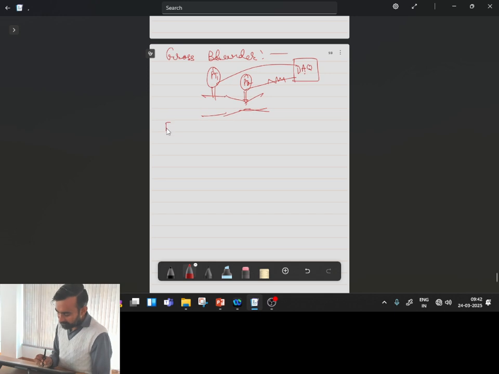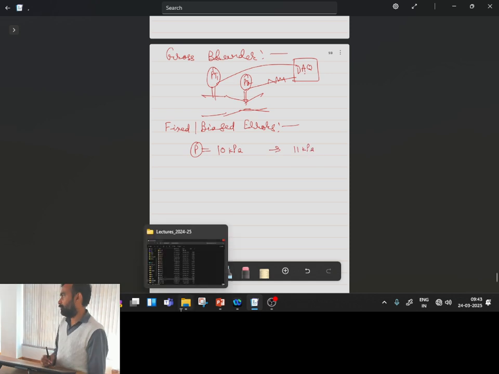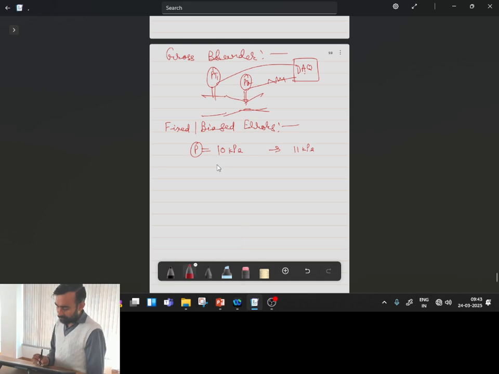Then other than that, there are some errors which are called fixed or biased errors. What is a fixed or biased error? Say I am using a transducer for measuring the value of pressure, and I observe that whenever my true value of pressure is 10 kilopascal, it gives me a value of 11 kilopascal, and whether I repeat this experiment 1000 times, every time it will be giving me a value close to 11.